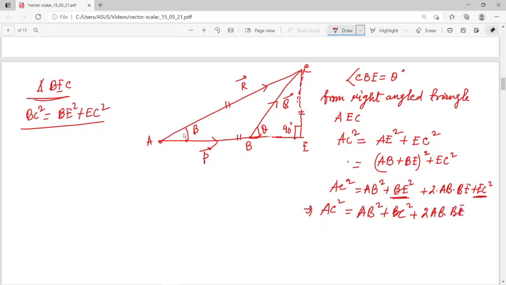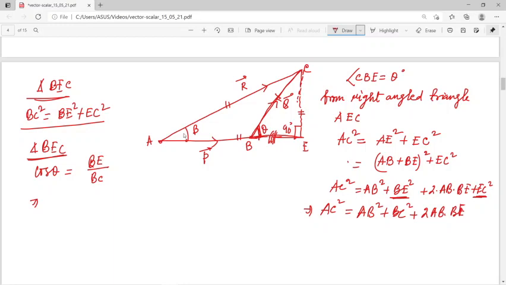And if we consider the triangle BEC, the value of cos theta is nothing but BE by BC, because this is theta. If we take this triangle, cos theta is BE by BC.